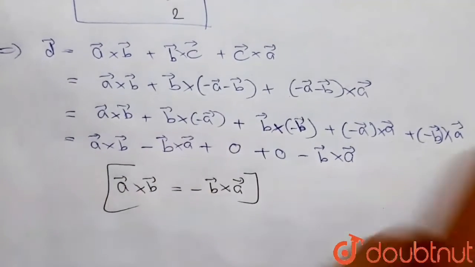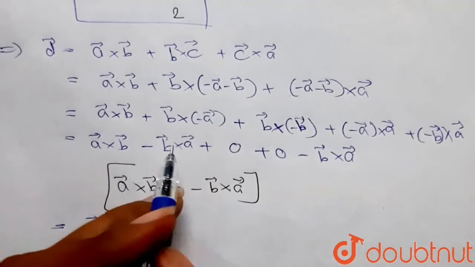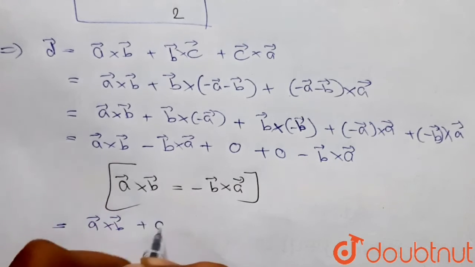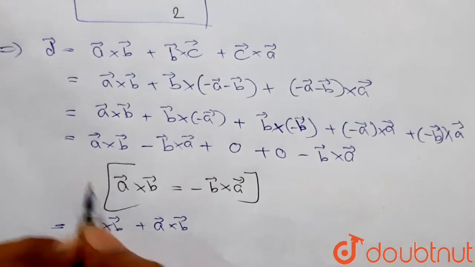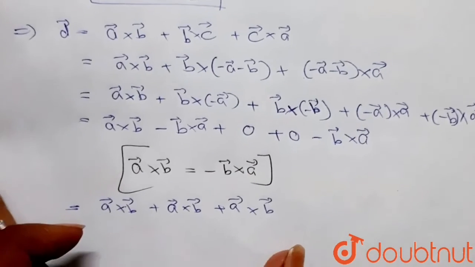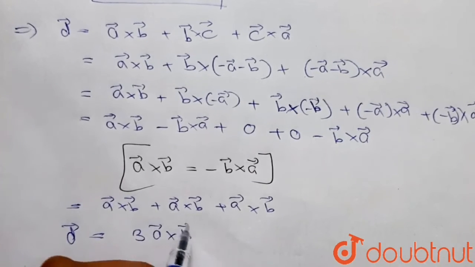So if I use this, this minus vector B cross vector A will become vector A cross vector B. Similarly, this minus vector B cross vector A will also become vector A cross vector B. So we finally have vector D as 3 times vector A cross vector B, okay?